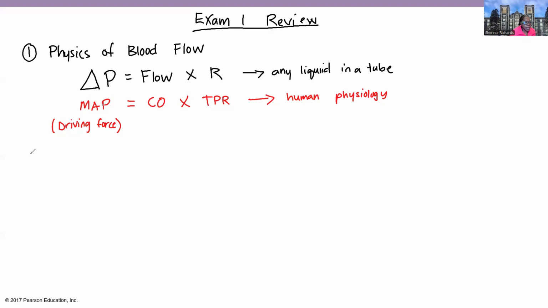We also want to think about the relationship between resistance and other various factors. So resistance is basically any obstruction to flow, any hindrance to flow. And as we see resistance increase, we can draw a parallel.